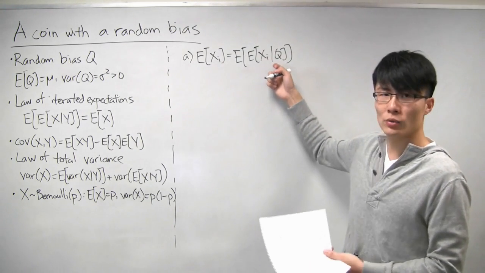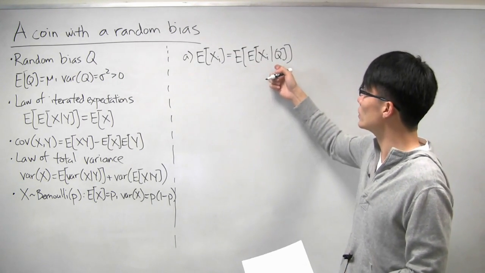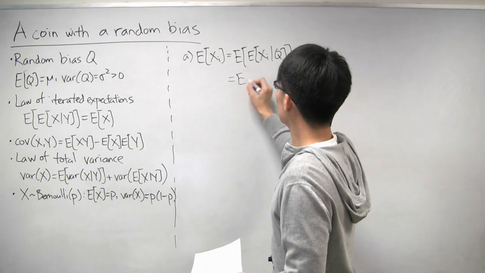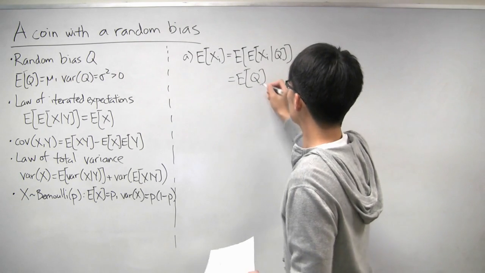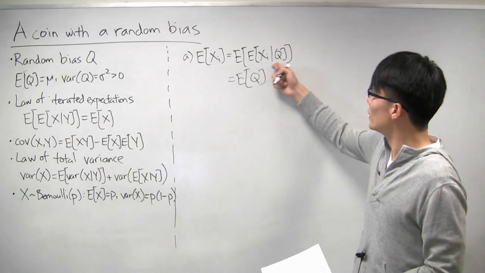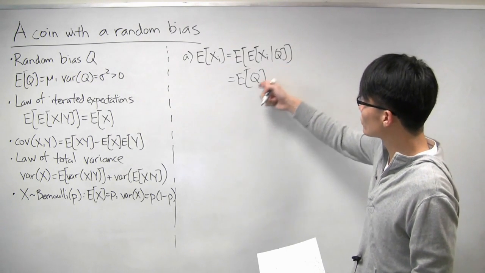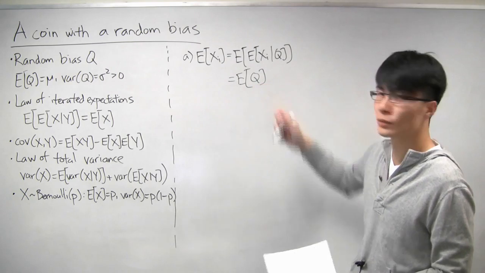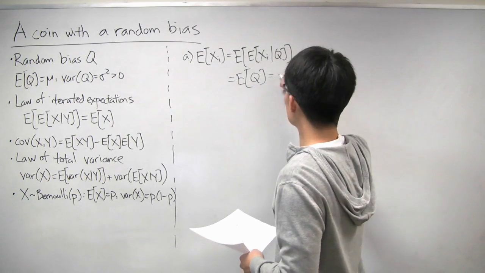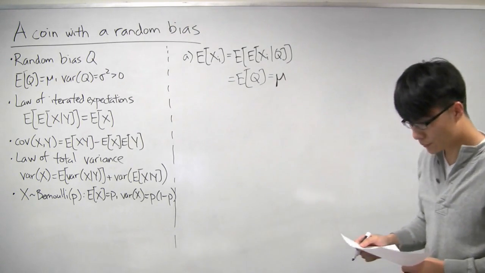But in this case, the bias is random. But remember, a conditional expectation is still a random variable. And so in this case, this actually just simplifies into q. So whatever the bias is, the expectation is just equal to the bias. And this part is easy because we're given that the expectation of q is mu.